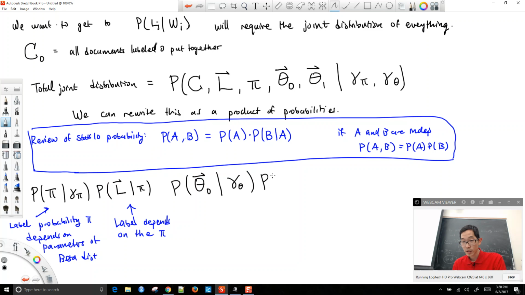And the probability vector for the multinomial labels in label 1 also depends on the Dirichlet distribution.